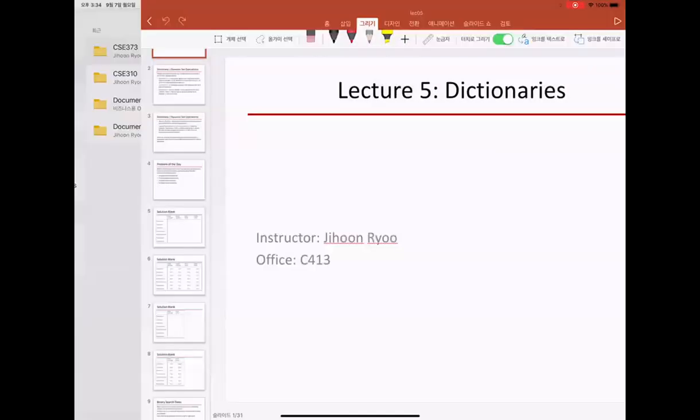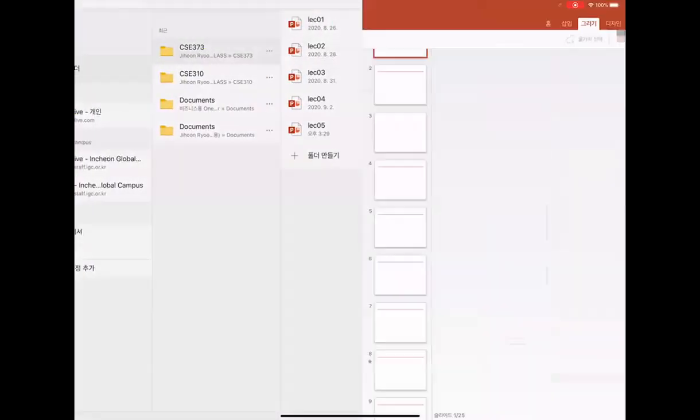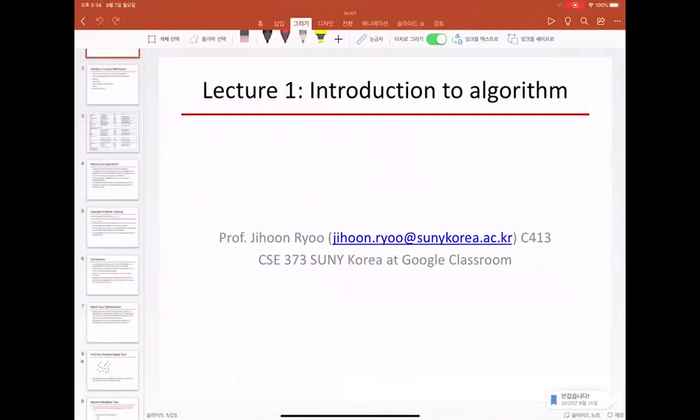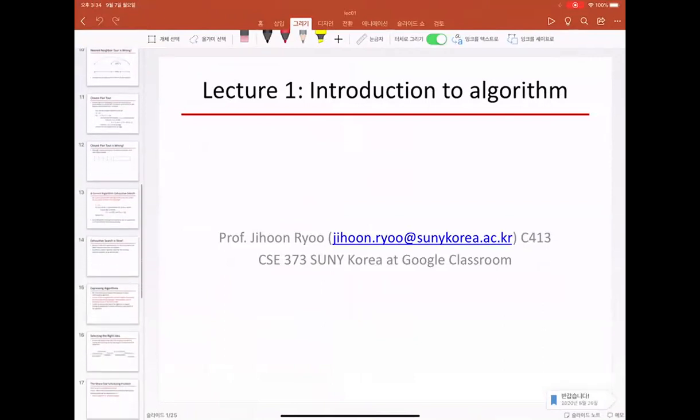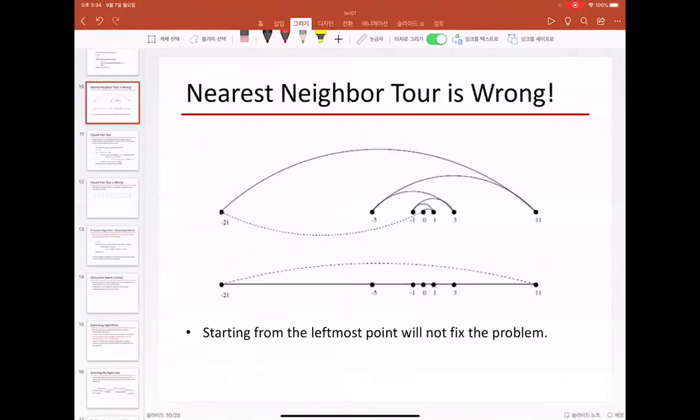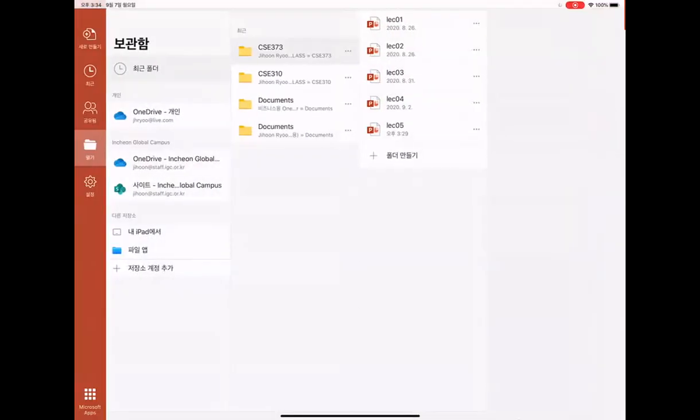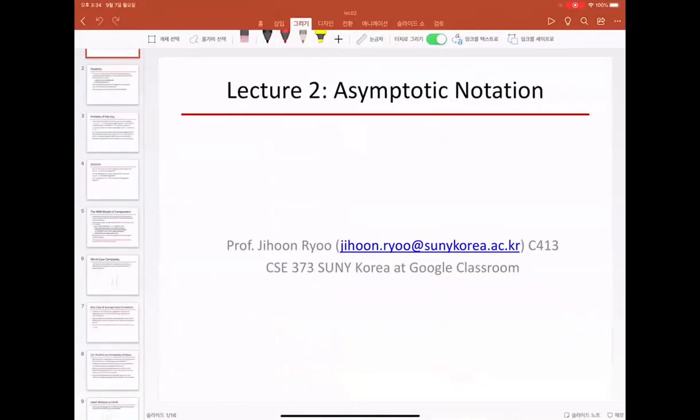Let me quickly review what we talked about over this semester. We talked about how we write the program properly and how to make sure your algorithm is correct. In lecture 1 and lecture 2, we talked about asymptotic notation. Why do we use it? Because precise analysis is very tough.